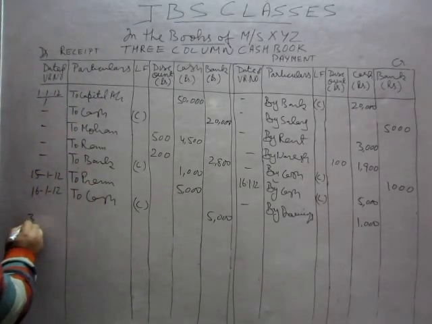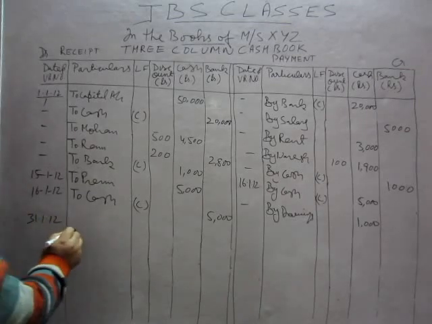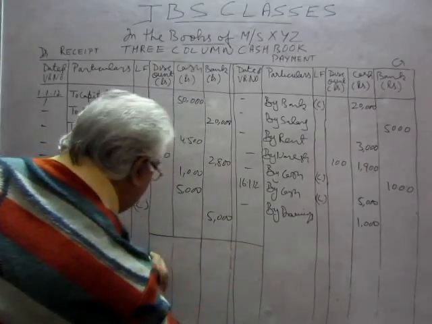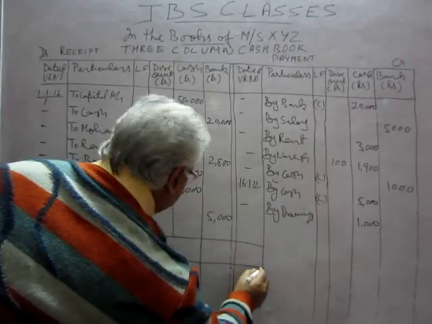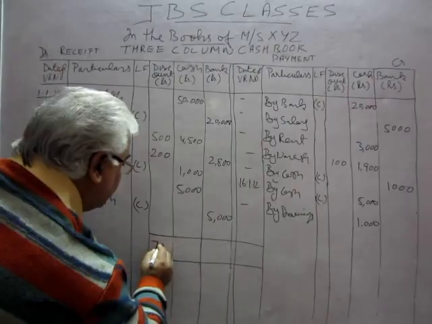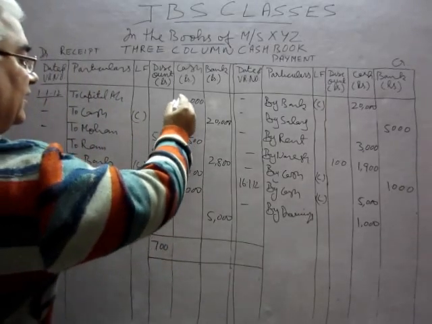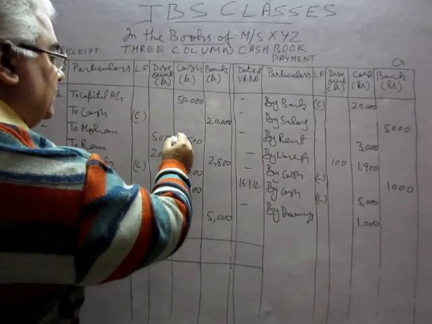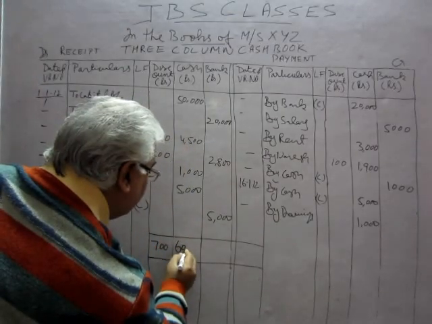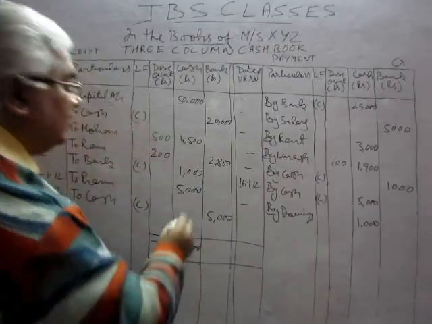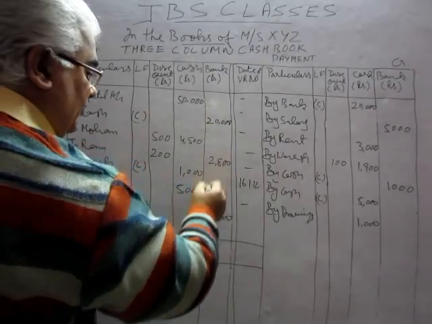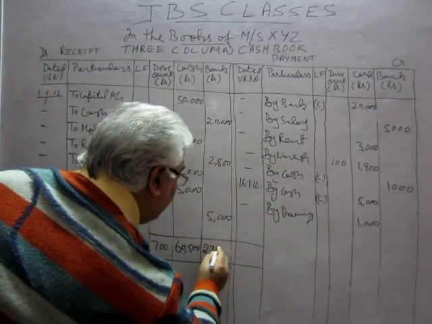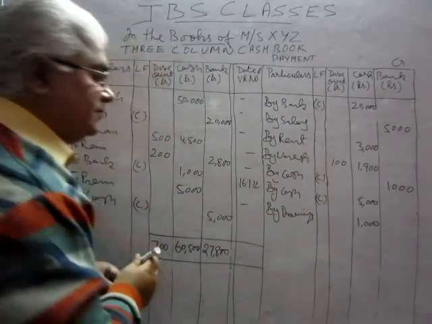If it is say 31/1/12, we'll first total up the debit side. 700 in the discount column, and it is 60,500 here, and this is 27,800 here in the bank column.